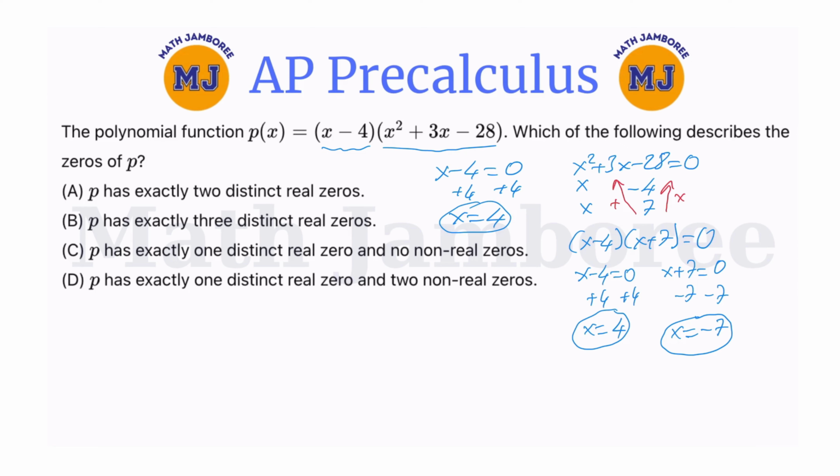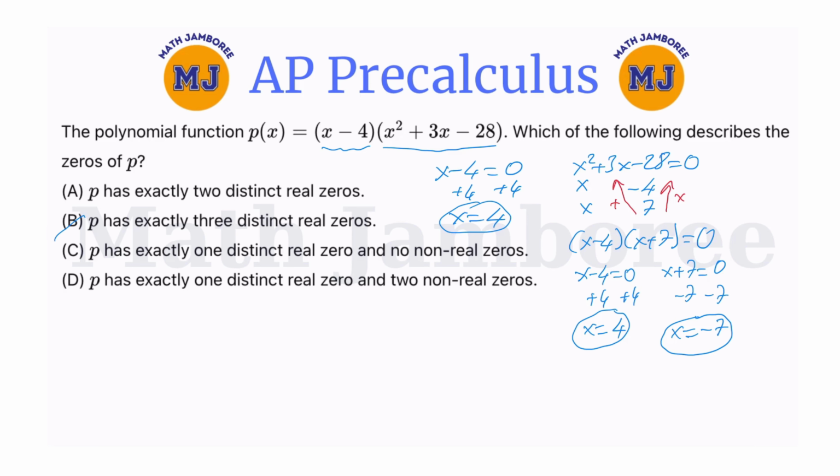When you look at this, there are 3 factors, right? There are 3 factors, but two of them are exactly the same. So some of the students may go ahead and say P has exactly 3 distinct real zeros.